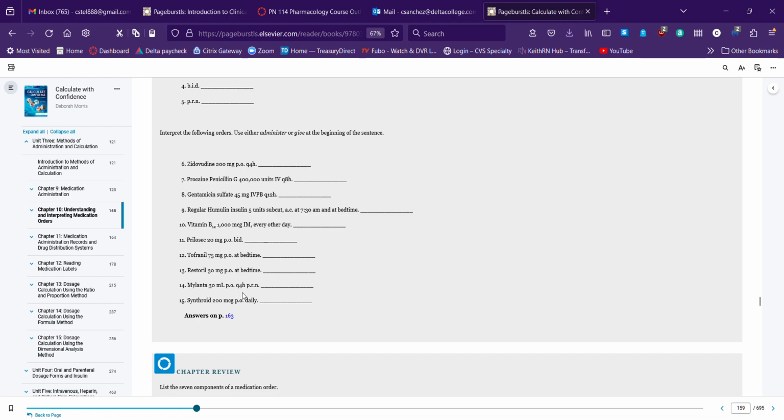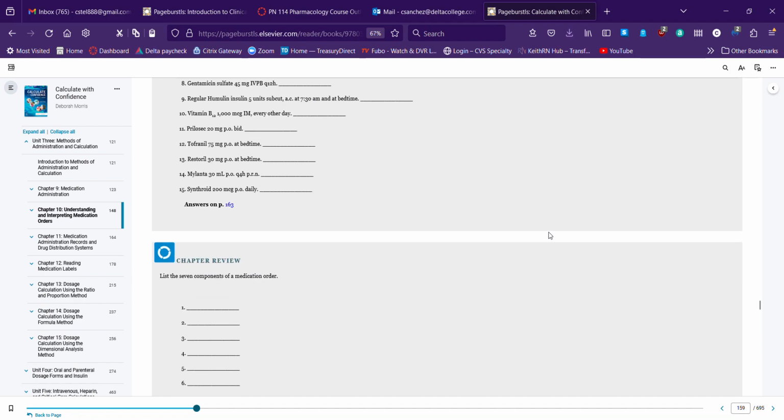All right, so let's look at number 14, Mylanta 30 milligrams PO Q4 hours PRN. So we have our medication, we have our dosage, we have our route, we have our frequency, and then it's PRN. But what is missing? The indication, or why we're giving it, is missing. We need to know what that indication is, okay?